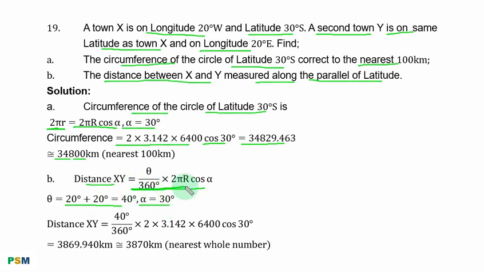You come here and you replace all the parameters with what they stand for. You have it in this form. When you simplify, you have this result. To the nearest whole number, you have the distance between S and Y to be approximately equal to 3,870 kilometers.